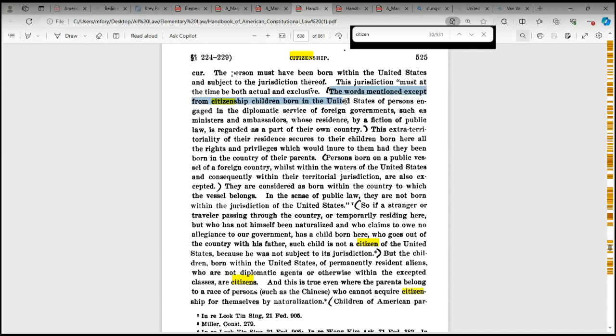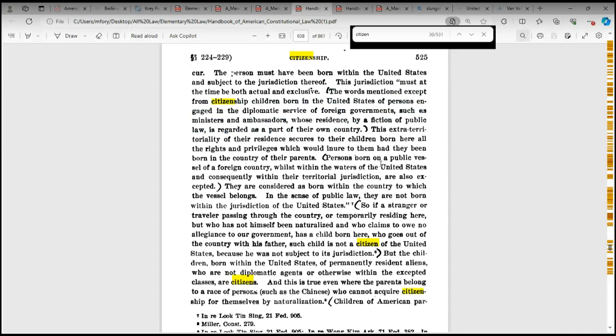So this is diplomats, this portion. Such as ministers and ambassadors who reside, by a fiction of public law, as part of their own country. This extraterritoriality of their residence secures to their children born here all the rights and privileges which would inure to them had they been born in the country of their parents.